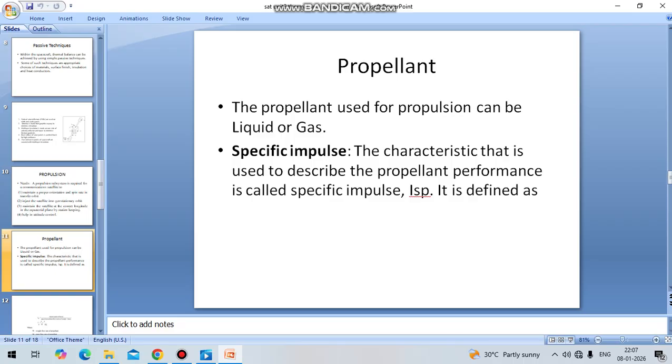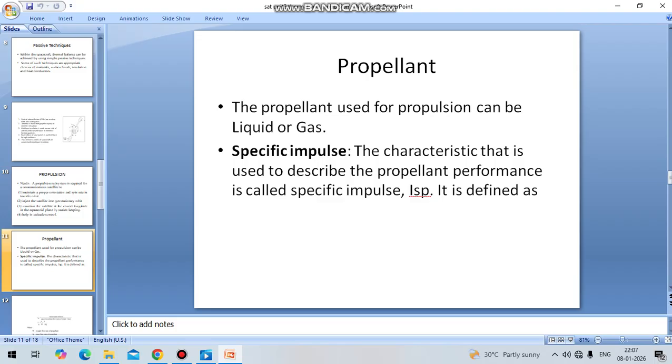Next is the propellant. The propellant is used for propulsion, and it can be in liquid or gas form. In olden days, cold gas was used as the propellant, and nowadays liquid propellants are used.